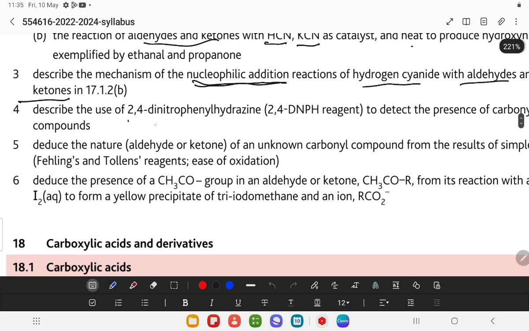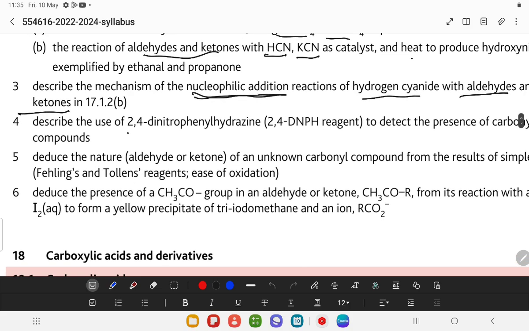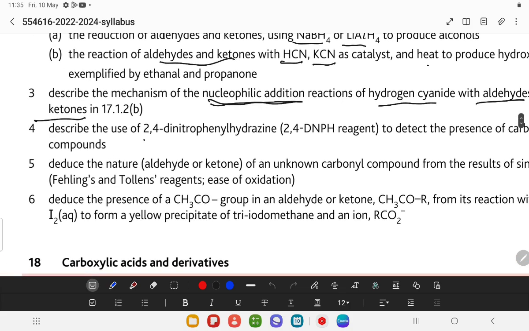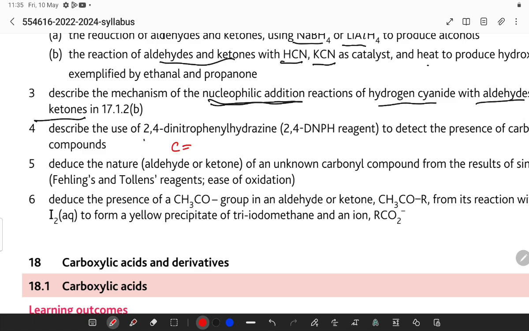Any compound like this, with C double bond O, reacts with 2,4-dinitrophenylhydrazine.